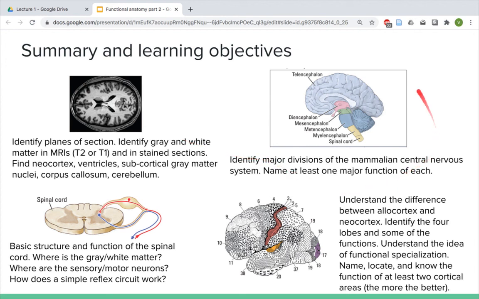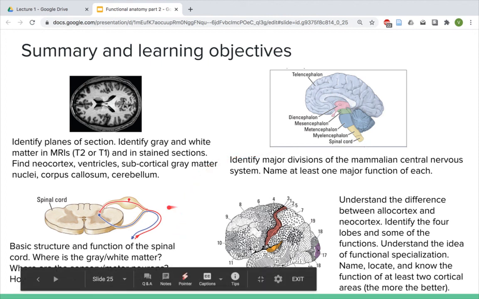We talked about the major divisions of the mammalian central nervous system, and by the end of this, you should be able to name at least one major function for each of these, and to be able to identify them on a drawing. And then we talked a little bit more in depth about the function of the spinal cord.